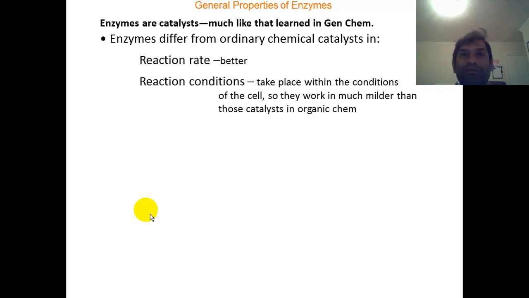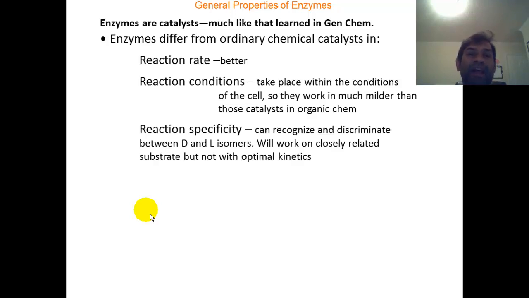We can't play around too much with temperature or pressure. In that context, enzymes are much better than the organic chemistry synthesists, or the people who synthesize drugs and compounds, because they can play around with pressure and temperature and make a reaction go under harsh conditions. Enzymes don't have that luxury. They have to do it in the conditions inside the cell.